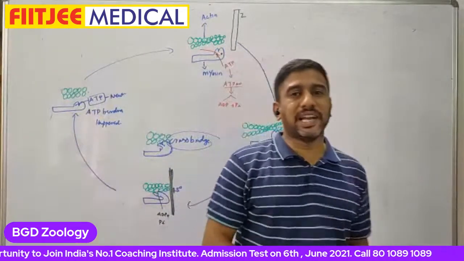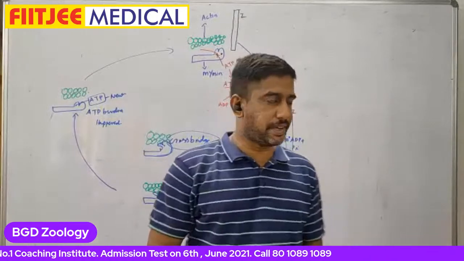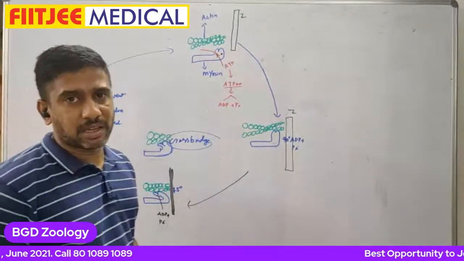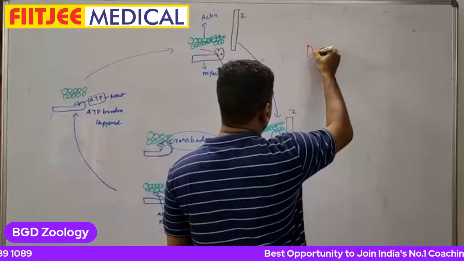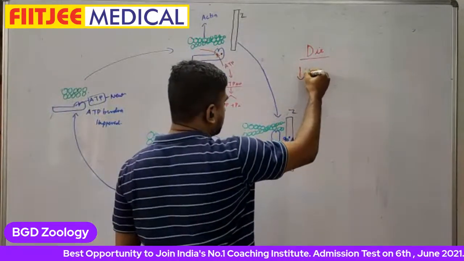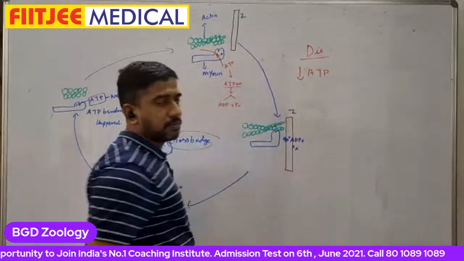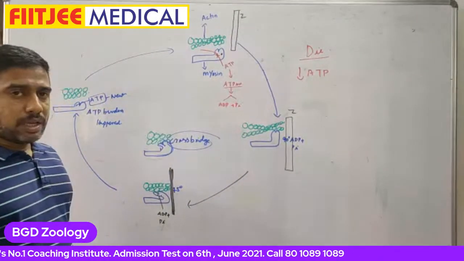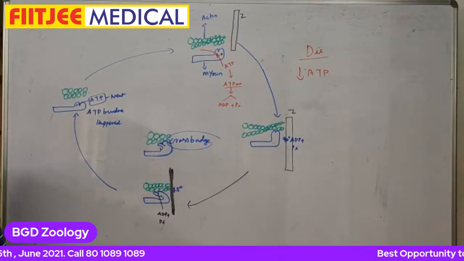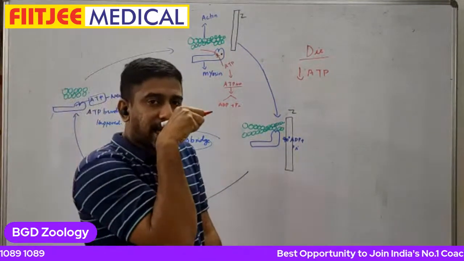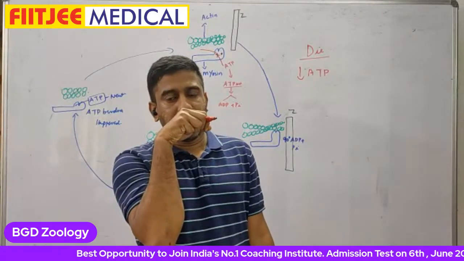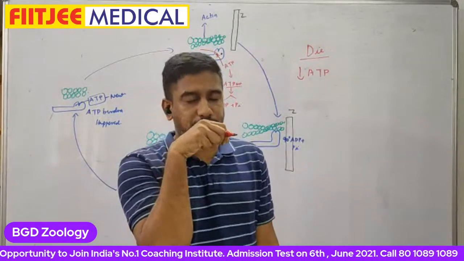Clear? So what is one clinical application here, or the applied physiology here? You know that when a person dies, automatically ATP will start to decrease. So after the death, if new ATP is not coming, what will happen? At the time of death, a patient was like this, but the patient died and there is no more ATP.